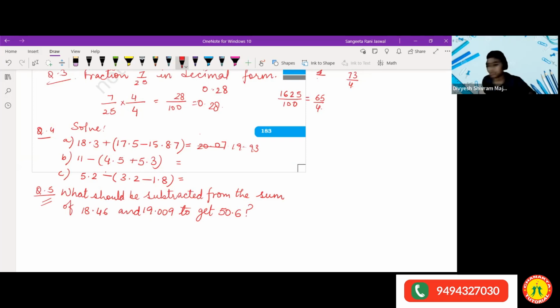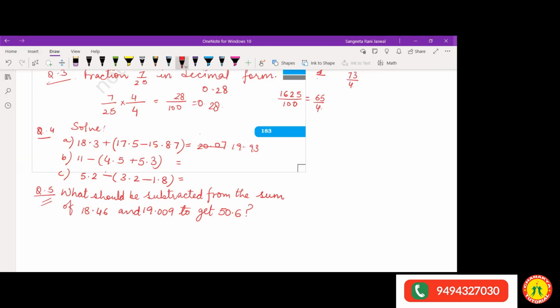Ma'am, what should I subtract? I cannot subtract because 50.6 is bigger. Okay, I got it. Let me check. What do you get as the sum of 18.46 and 19.009? Ma'am, I got 37.469.